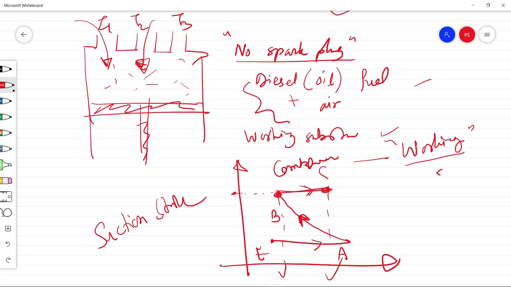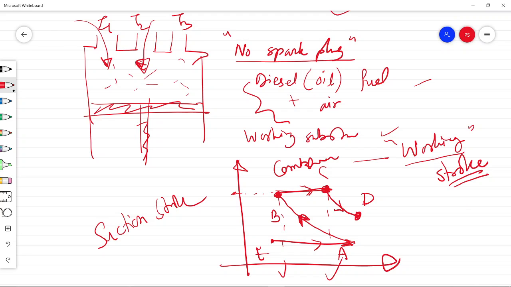This is also called the working stroke. Now, since work has already been performed and the gas has already been burnt, the process C to D causes the piston to move further downwards through an adiabatic expansion process C to D.